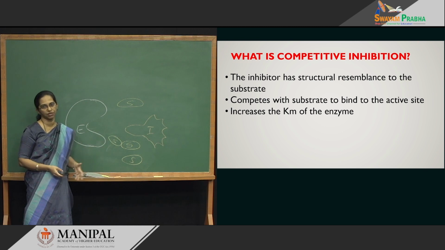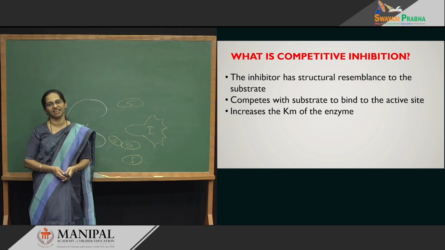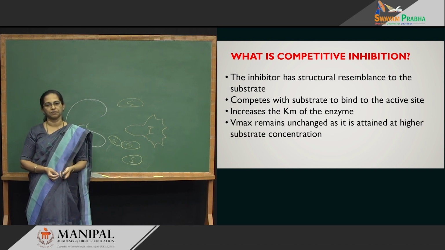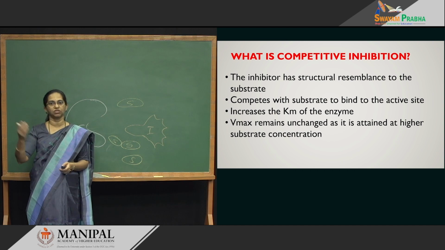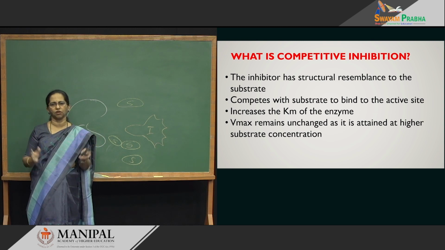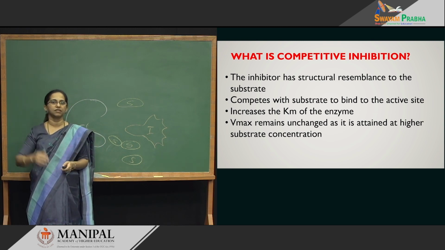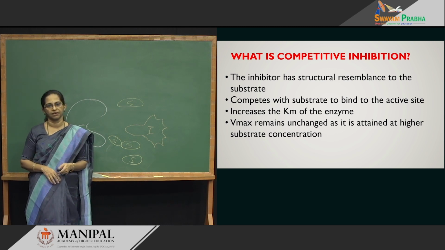In other words, you are trying to increase the Km or decrease the affinity for the substrate, and the Vmax of the reaction, that is the velocity of the reaction, can be attained only at high concentration. So, you need a lot of substrate to bring the Vmax. That is because there are inhibitors there.